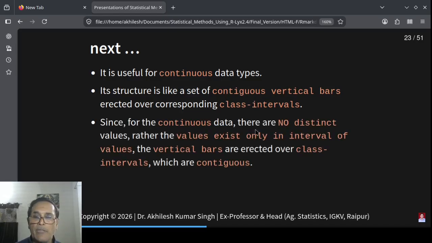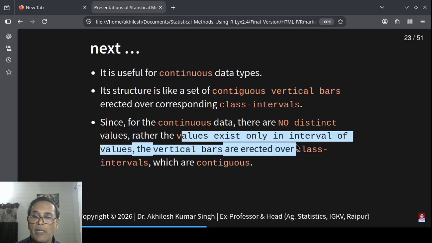For continuous data there are no distinct values; rather the values exist only in intervals of values. This is in contrast to the discrete data type. In the discrete data type there are distinct values, but in the continuous there are no distinct values.